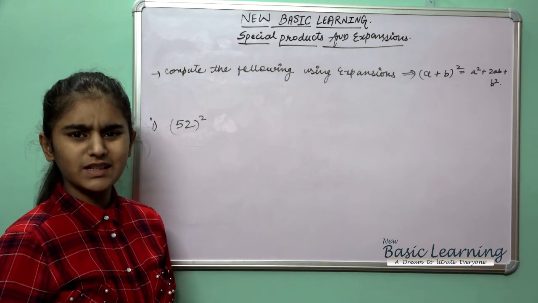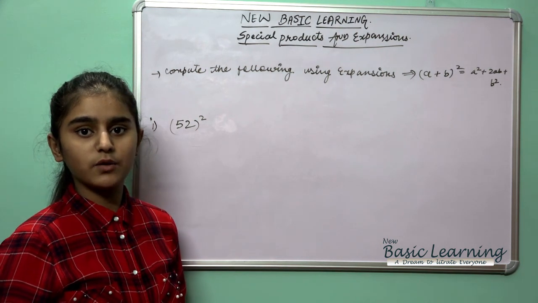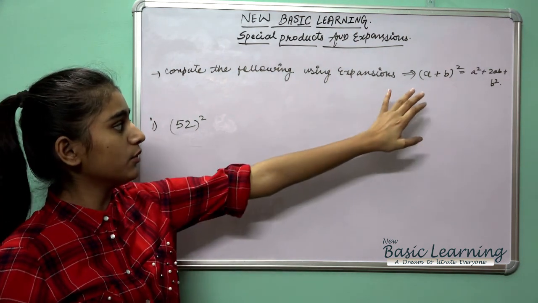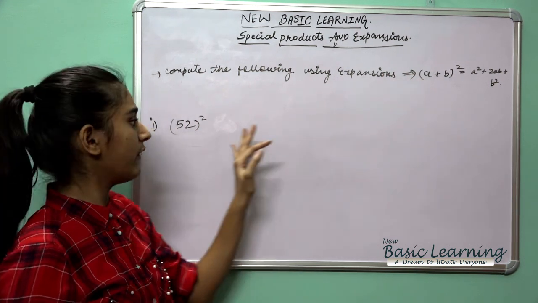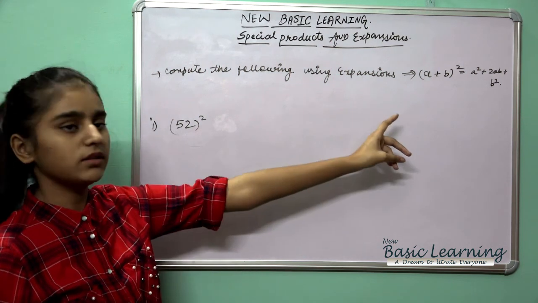You can easily calculate this, you can multiply 52 into 52, but here we have to use this formula and calculate the square of 52 according to that formula.